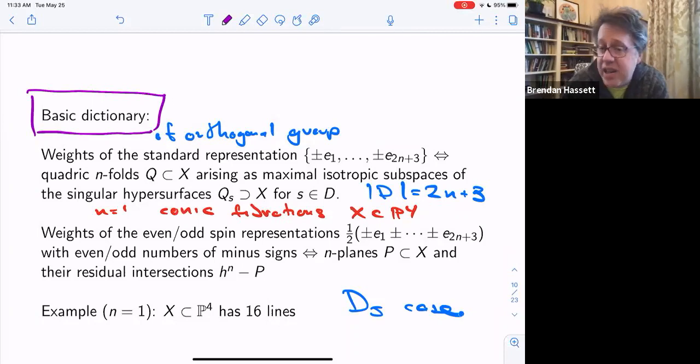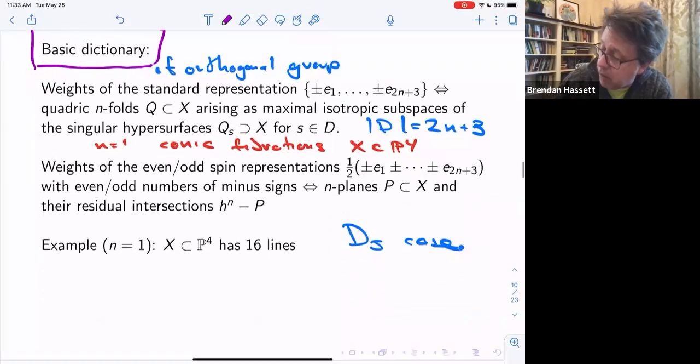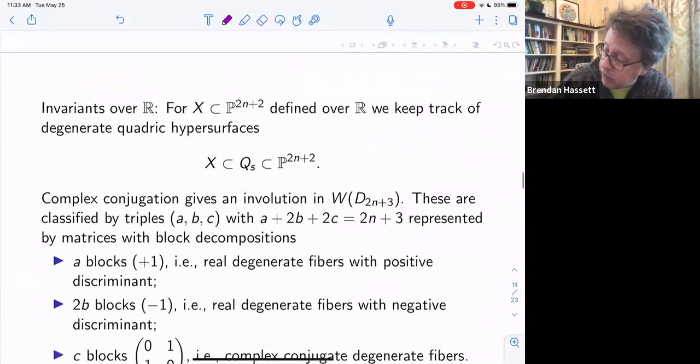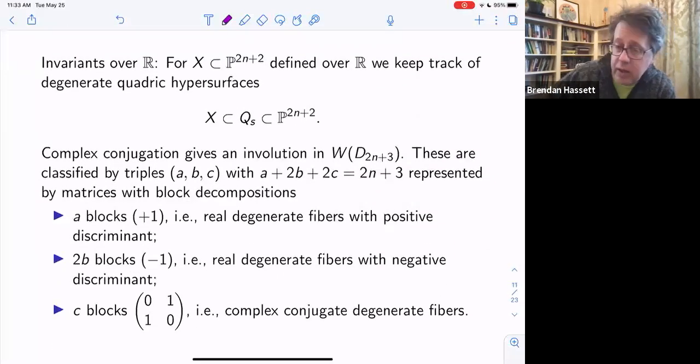And I just find it easier to make the translations between the invariants and the geometry working through the Wall group. It helps me to organize the information. So the Krasnov machinery is very powerful, but to see the implications for these degenerate quadrics that contain X, it's helpful to understand the structure of the Wall group as well.